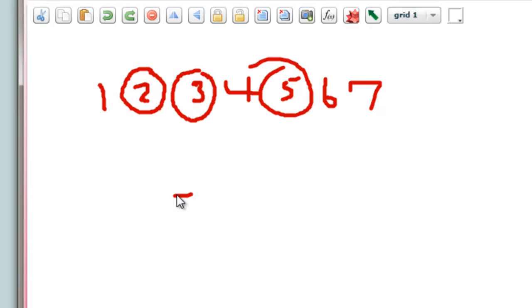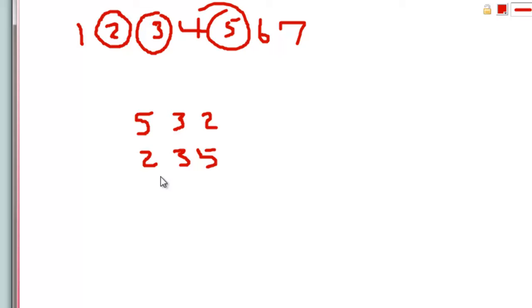If I took 5 first, and then 3 and then 2, that's me choosing the same jokes as if I chose 2, 3, and 5. So the order doesn't matter. Whichever way I pick those 3 favorite jokes, it's going to be the same 3 favorite jokes. So this one's going to be a combination.